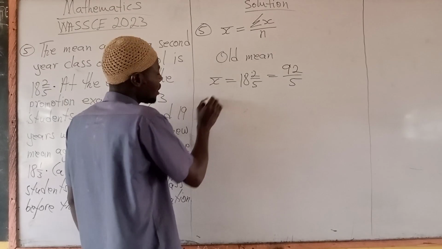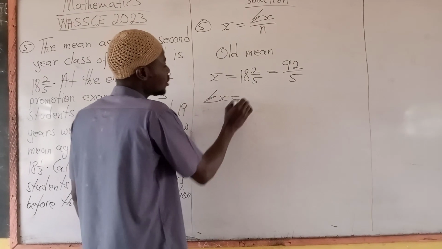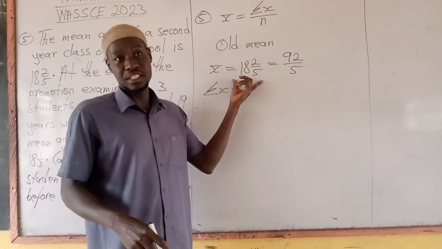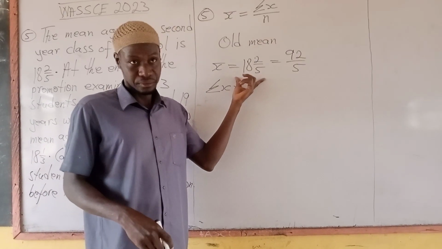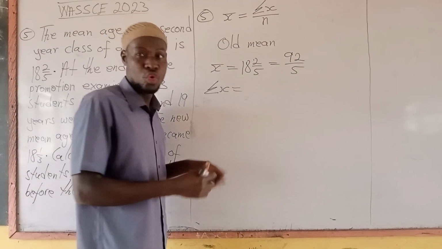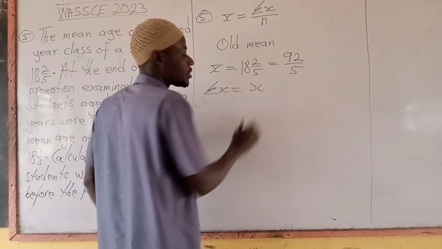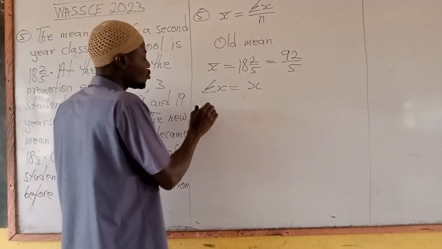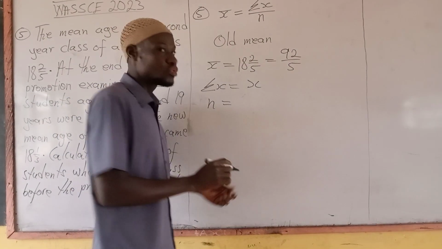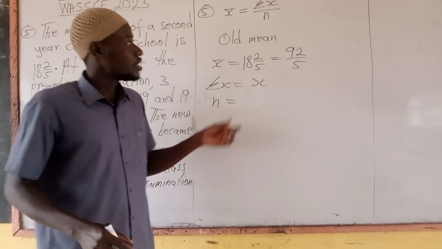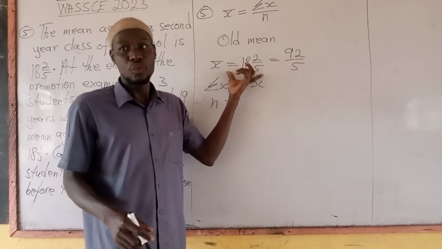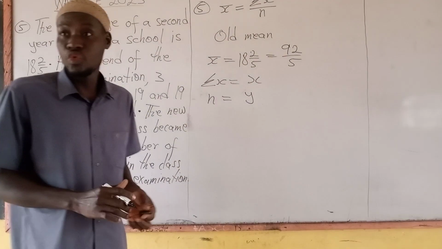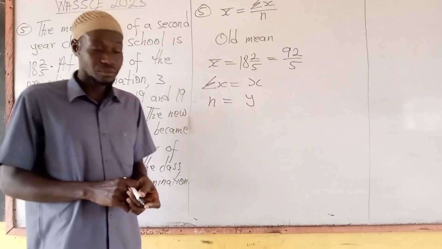Then the summation of the ages of the students before the promotion exams, that gave us this mean, we don't know, so we can represent it with a variable, let's say x. The same way, the number of students whose ages gave us this mean, we don't know, so let's represent that with a variable, let's say y.